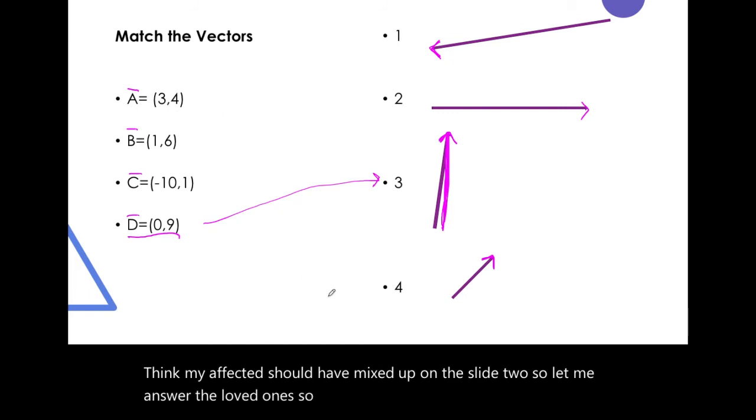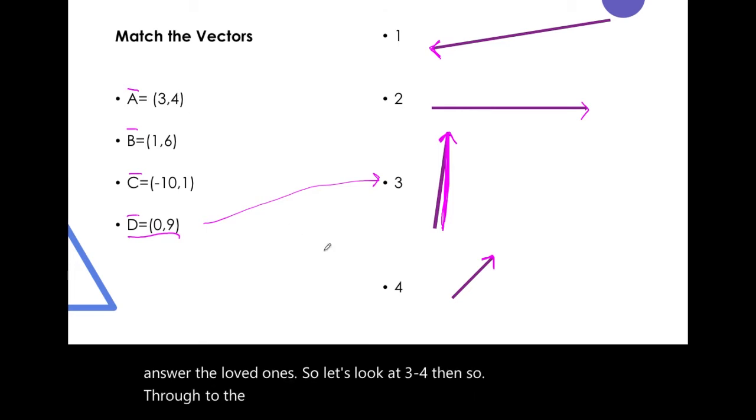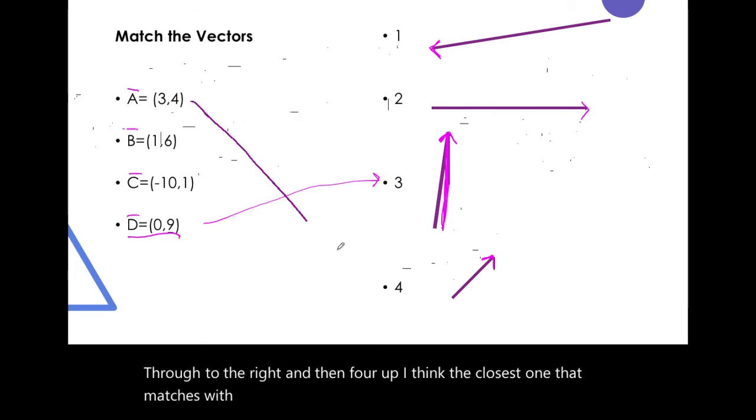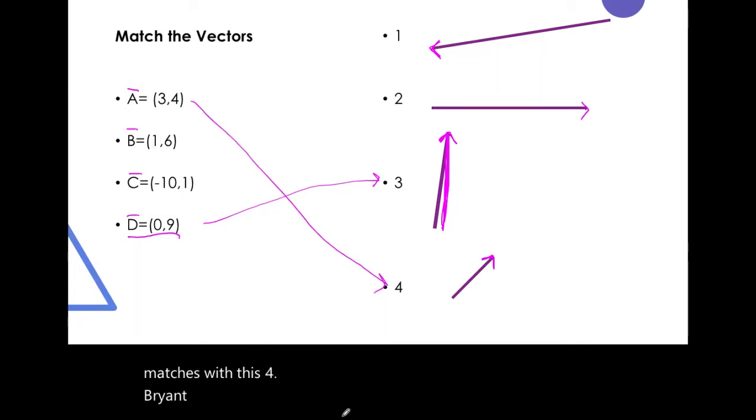Let's look at 3, 4 then. So 3 to the right and then 4 up. I think the closest one that matches is 4, right? 1, 6. I see.